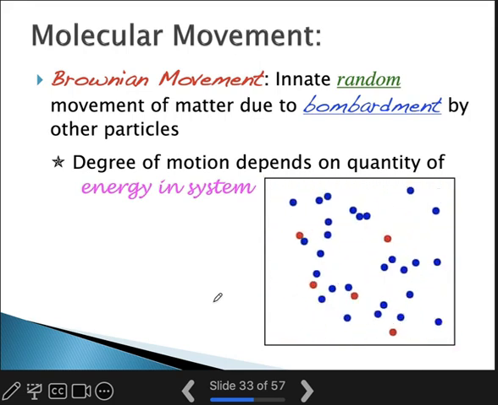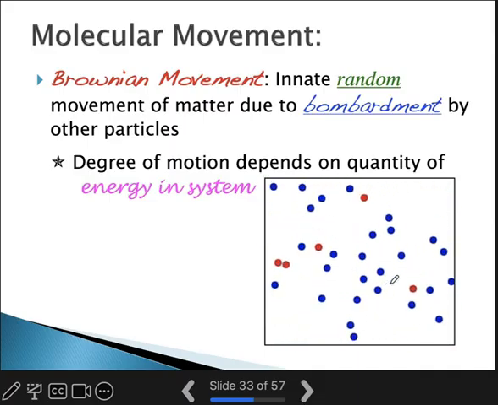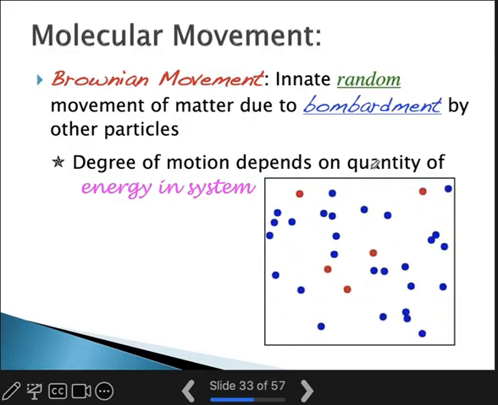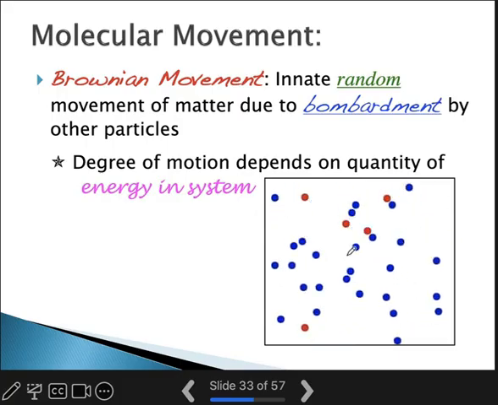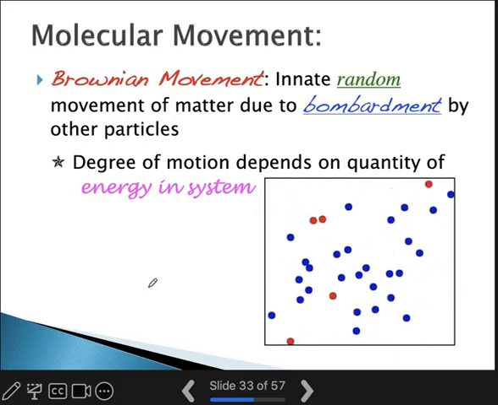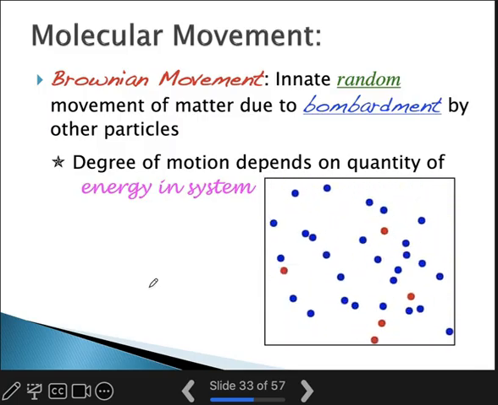The degree of motion, like how much motion occurs for molecules or particles, depends on how much energy is in the system. So the warmer this is, the faster these molecules are going to move, the higher the likelihood they're going to hit each other and change their direction. So this will be the beginning of our discussion of diffusion.